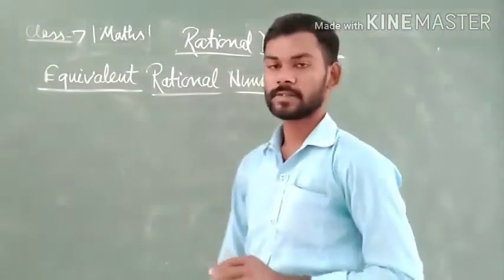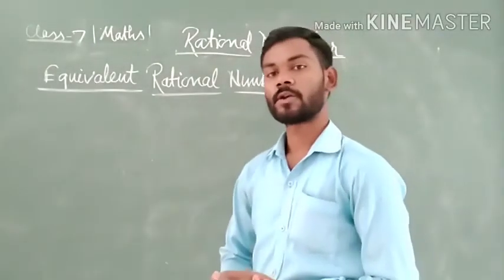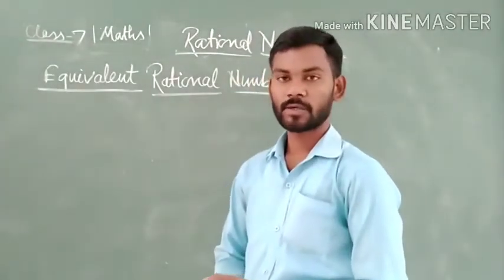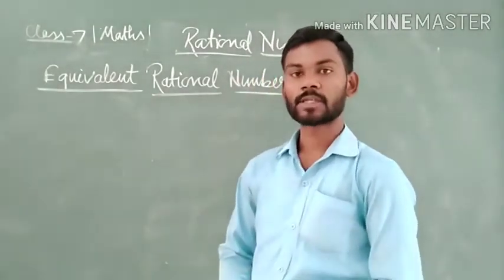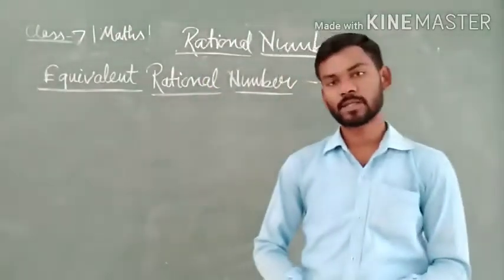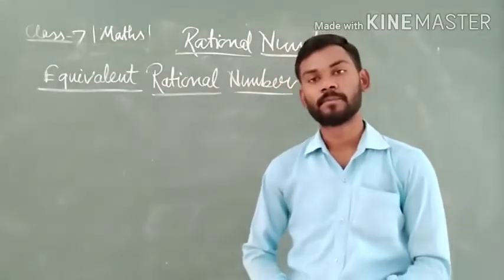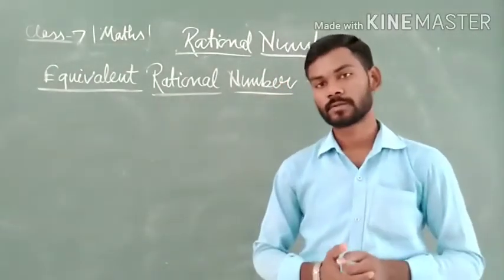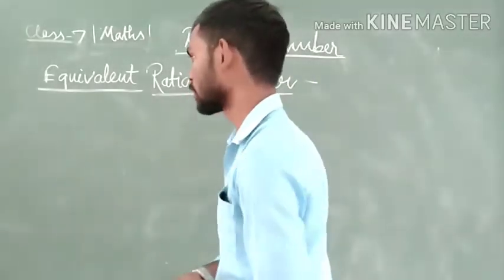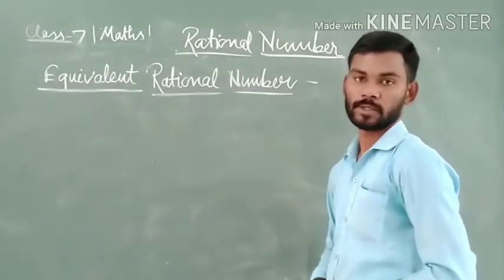As we have discussed in the last class on fractions, in order to find an equivalent fraction of a given fraction, we just multiply the numerator and denominator of the fraction by the same natural number. Similarly here, we shall do the same process to get an equivalent rational number.